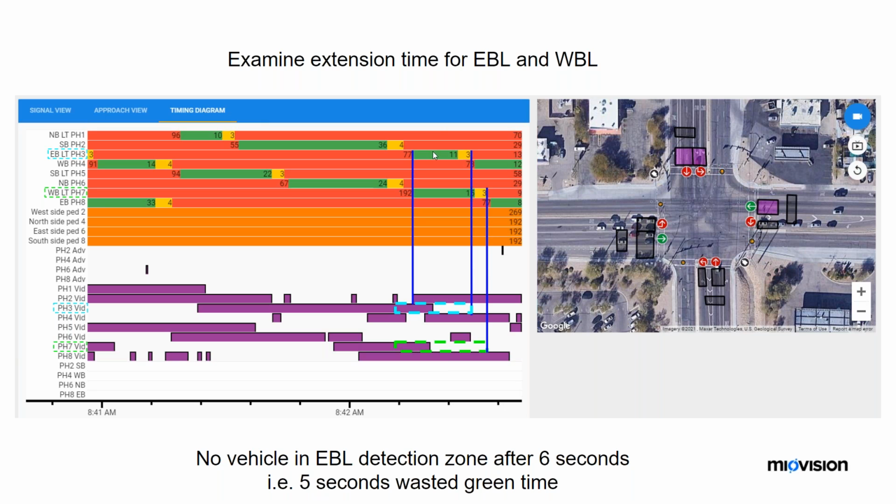And then after about 6 seconds of that detection zone being actuated, so maybe 1 or 2 vehicles moving through, there was no more call. So maybe the 2 or 3 vehicles moved through the intersection and then there were no more vehicles in the queue. But after that 6 seconds, it continued to receive that green time for another 5 seconds. And 5 seconds is a pretty long extension time. So definitely something to look into. It could be an extension time issue.